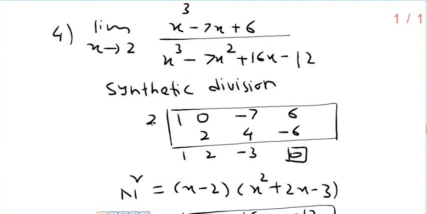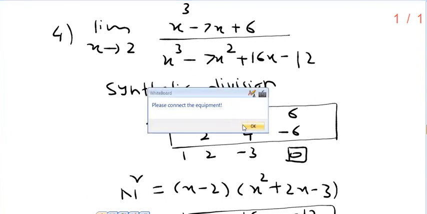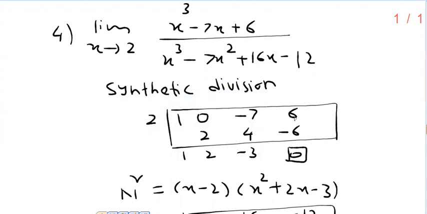This 1 as it is. 2 into 1, that is 2. Addition of 0 and 2 is 2. 2 into 2, 4. Addition of minus 7 and 4 is minus 3. Minus 3 into 2 is minus 6, that is 0. This is the check, because when you say x minus 2 is a factor, it should divide this with 0 remainder, right? So this is about the numerator.